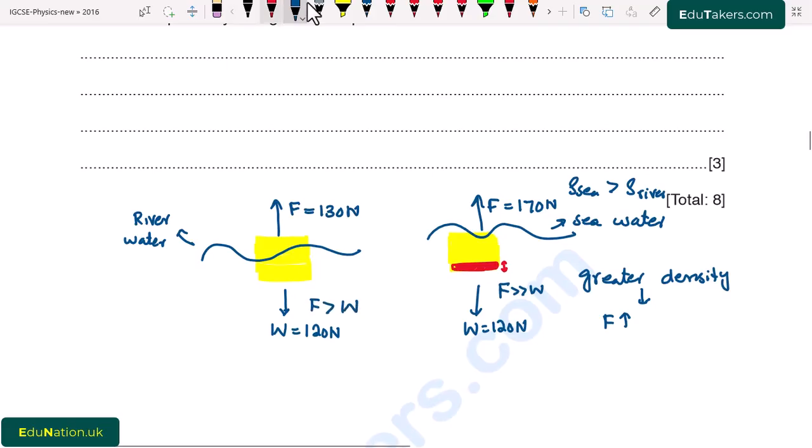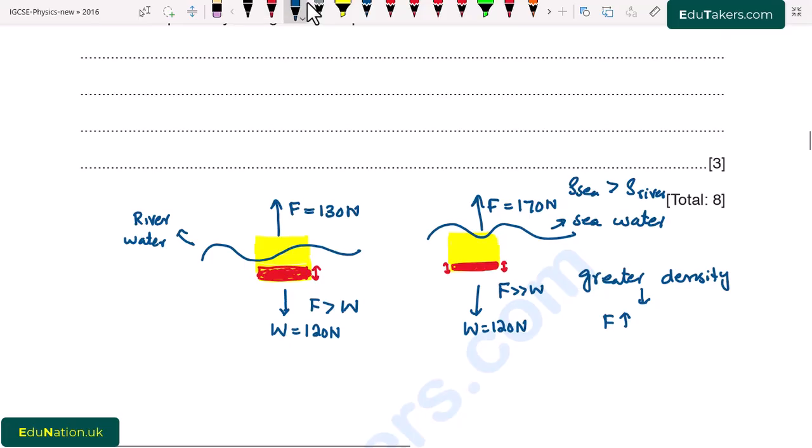But in this case the upward force is greater. It means that a greater amount of the object will be inside the river water. So this region is inside the river water, which means that the depth of the tanker in the sea water here is smaller as compared to the depth in the river water.